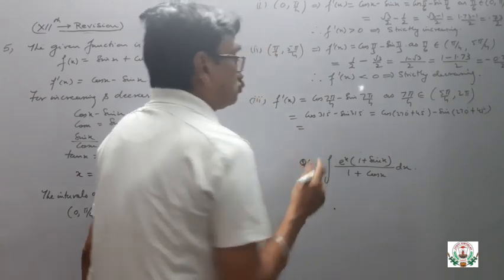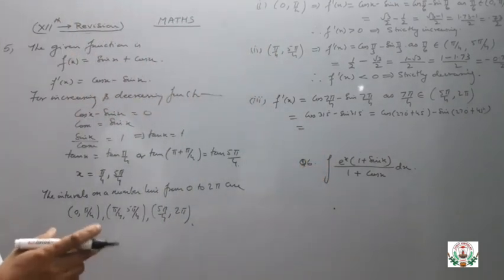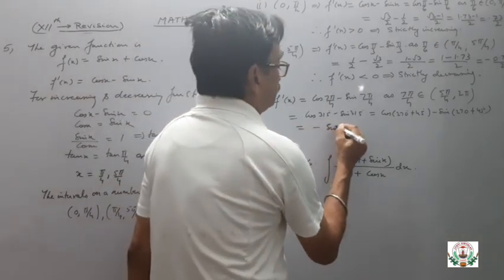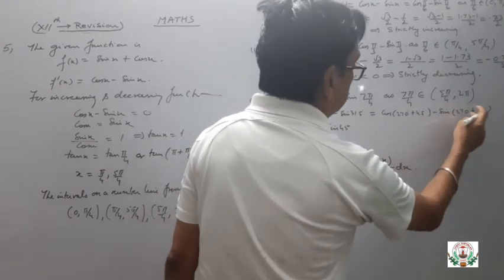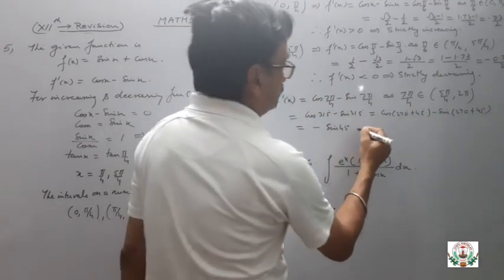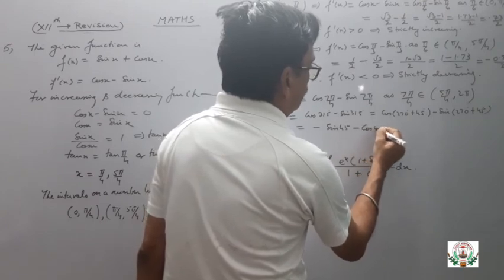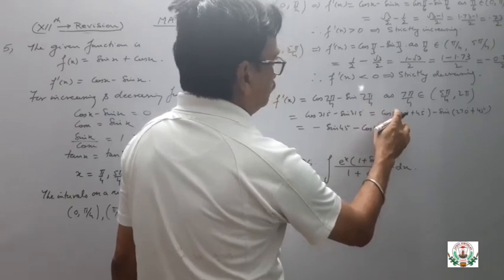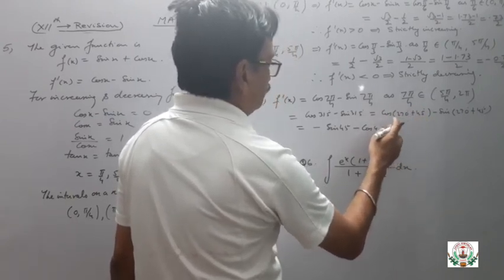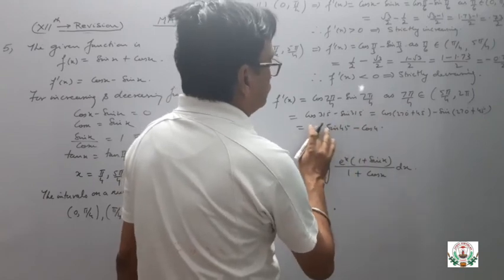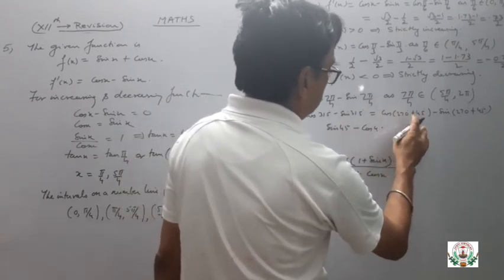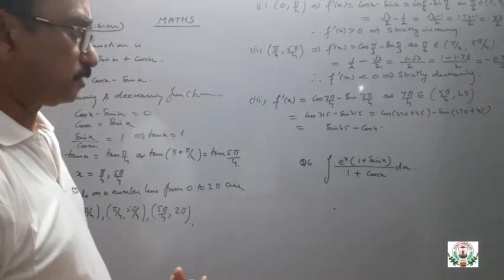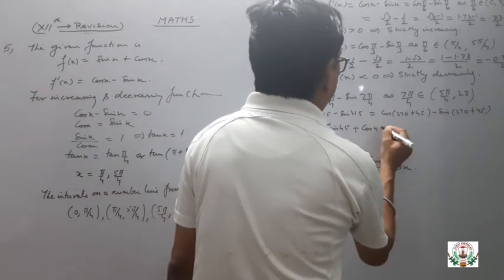For 270 plus 45, in the fourth quadrant cos is positive, so cos 270 plus 45 becomes sin 45, and sin 270 plus 45 is negative, so it becomes minus cos 45.